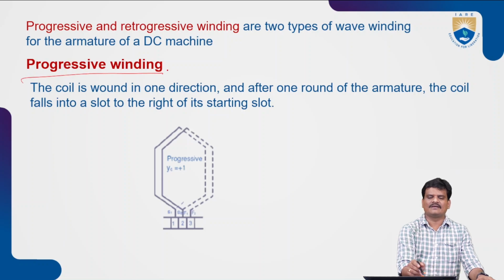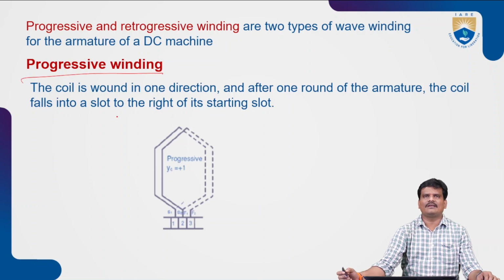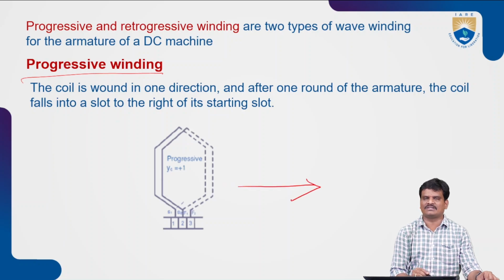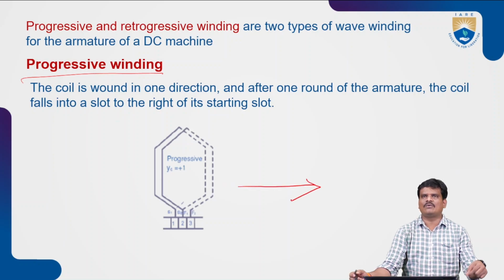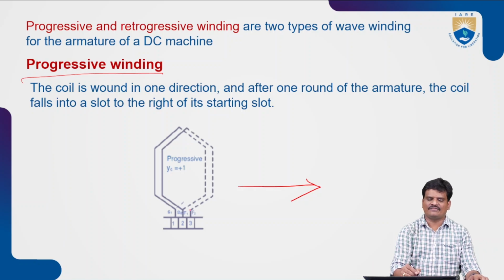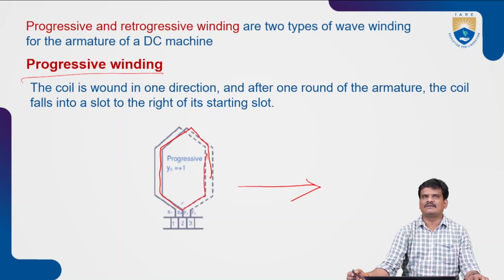Progressive winding, the definition is: the coil is wound in one direction, that is, it should move only in one direction, and after one round of the armature, the coil falls into a slot to the right of the starting slot, that is, after one round again it falls into the next.